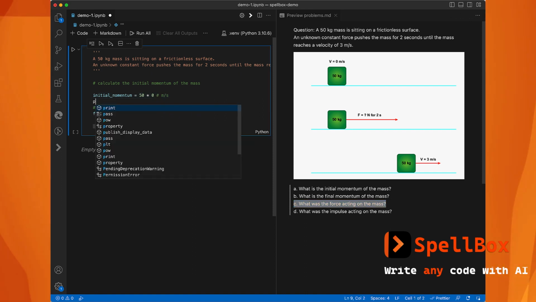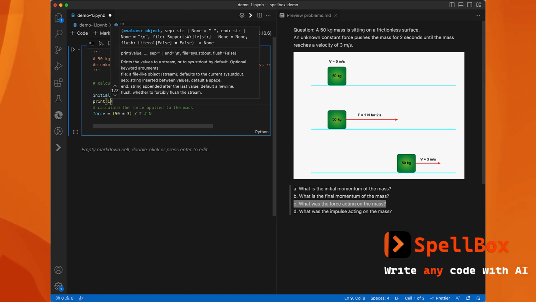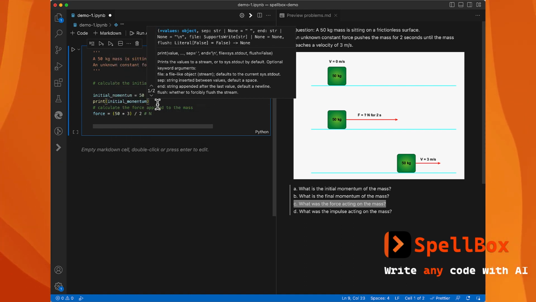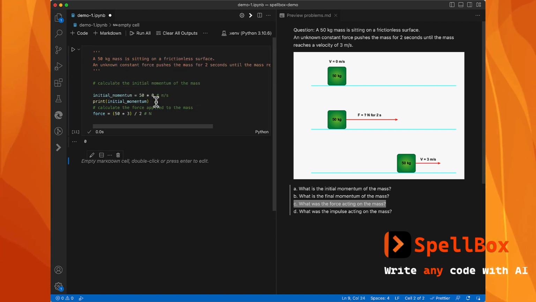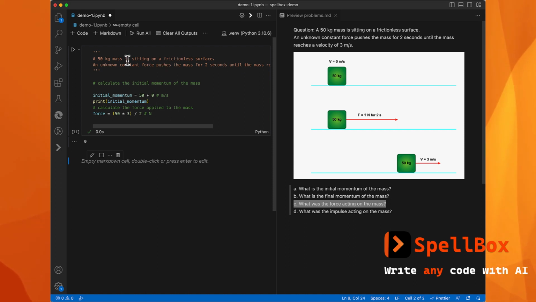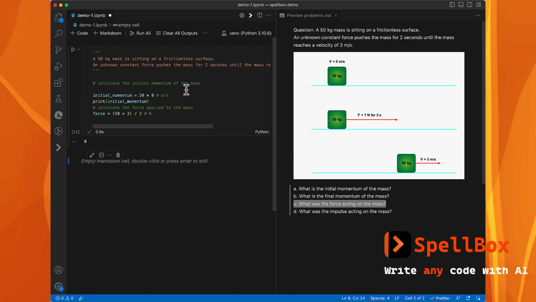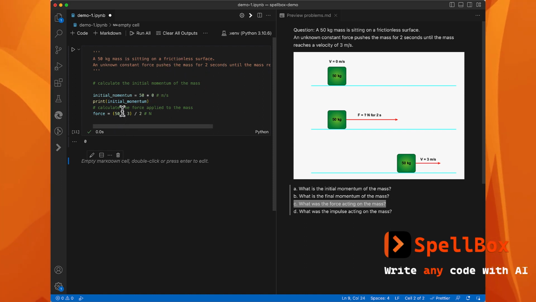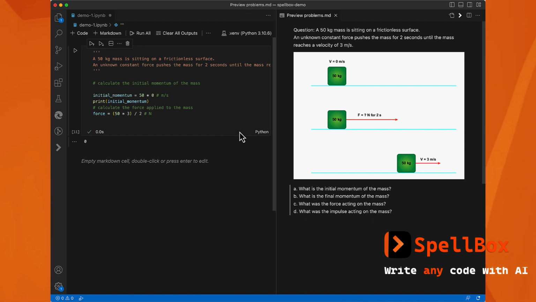And so we can print that. And so we know that the momentum is simply the mass times the velocity, and initially it's sitting, so there is no velocity. So v equals 0, and therefore the initial momentum is 0. And so next we need to find the final momentum.